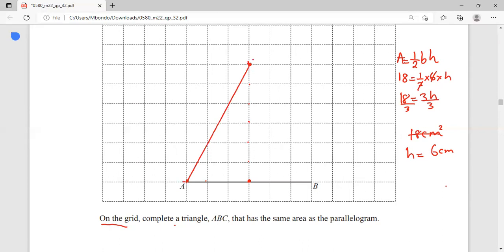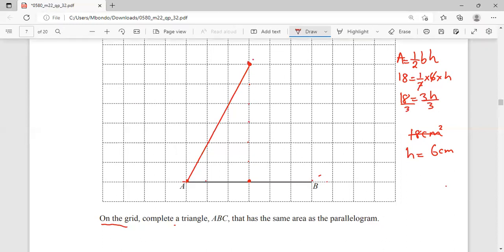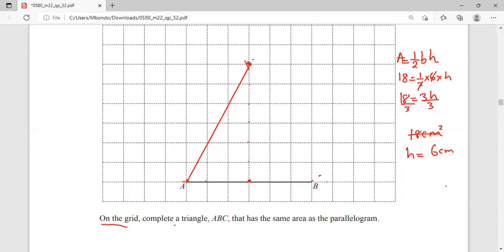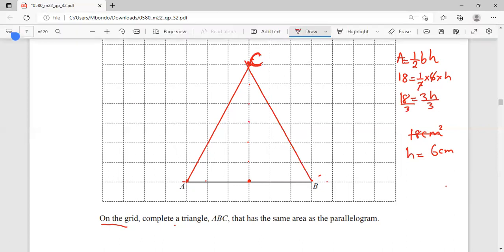Again, we do the same thing on this other side. So this is how it is going to be here. So our C will be at this point. So we have done that. Is that clear? We have done that.